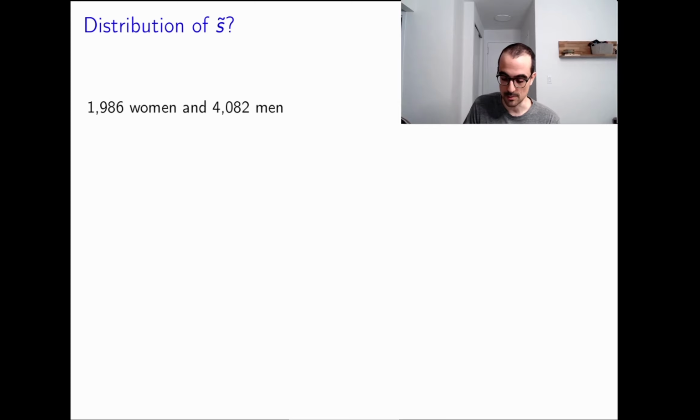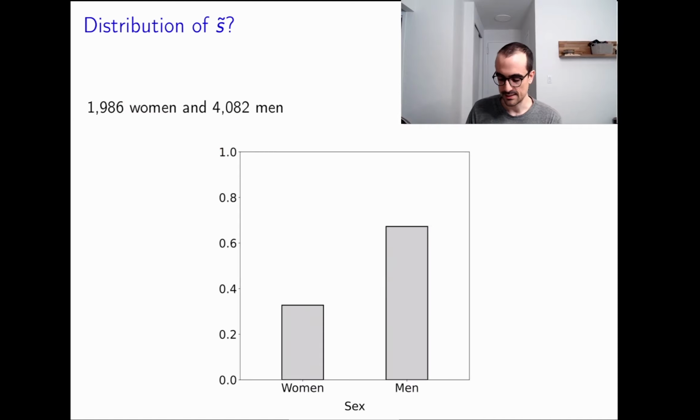We're going to say, okay, the probability of being female is the number of women divided by the total number of people. It's just the fraction of women in the population. Okay, and this is the fraction of men. There's more men than women. These are estimates for the probability mass function, the PMF of S, which is a discrete random variable.